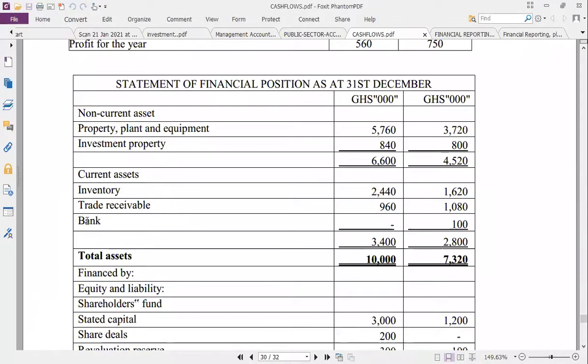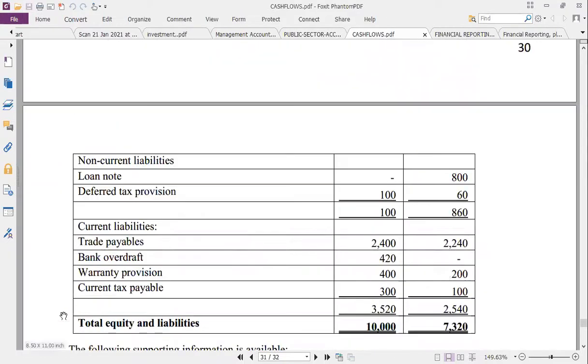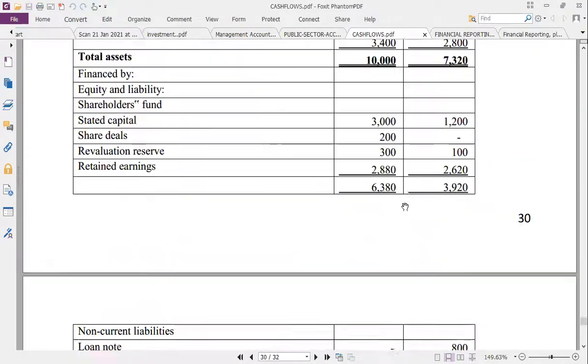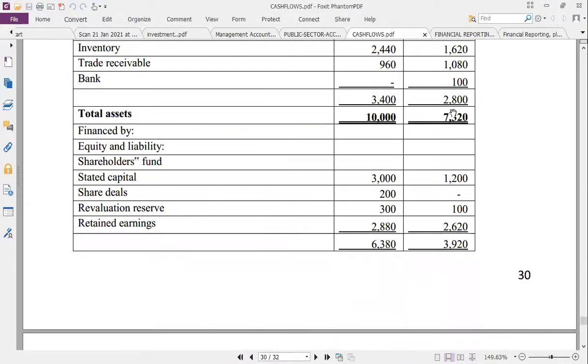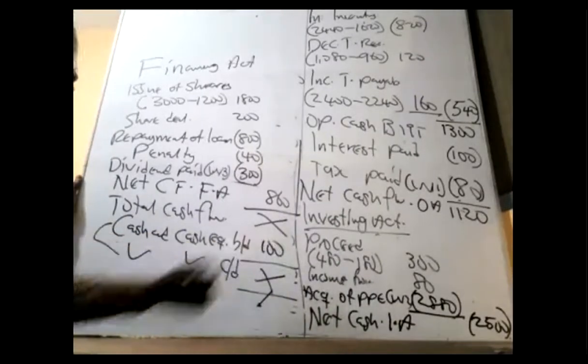So the bank balance. We only have a bank balance at the start. No cash. There was a bank overdraft. The overdraft is only at the end. So the opening balance is 100. That means here should be 100, positive.